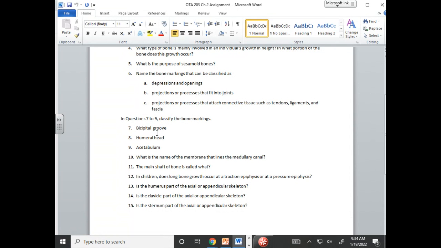Okay, is the clavicle part of the axial or the appendicular skeleton? Good. Okay, and then number 15, is the sternum part of the axial or the appendicular skeleton? Axial. Axial. Very good. So your review questions are done.